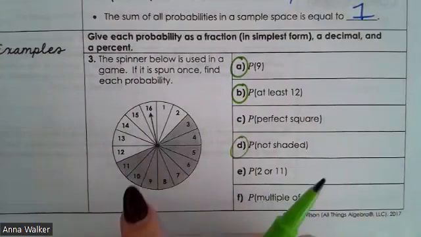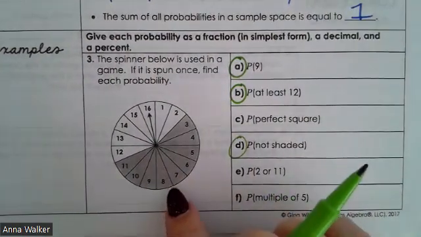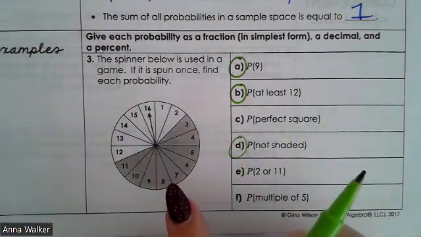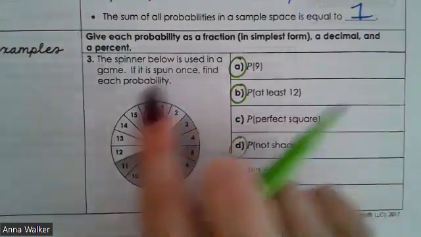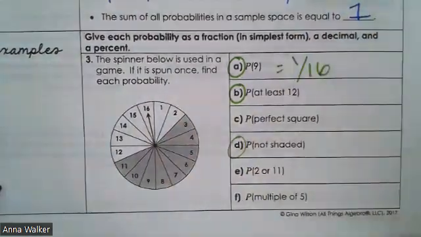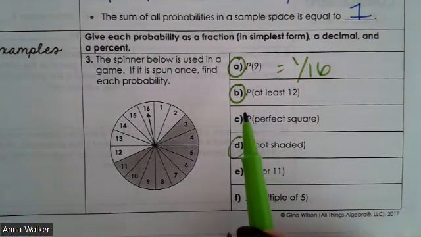So let's look at what's the probability that if we spin the spinner, it lands on the number 9. Well, we only have one number 9 on this whole spinner, and there are 16 spots on this spinner, or the sample space is 16. So we have a 1 out of 16 chance that the spinner lands on the number 9. If we ask, what's the probability that it lands on at least a 12?